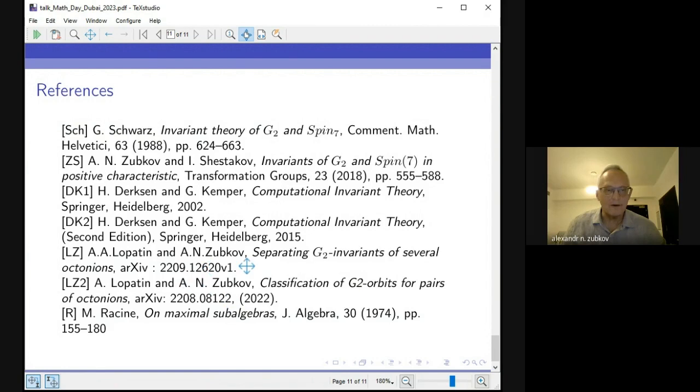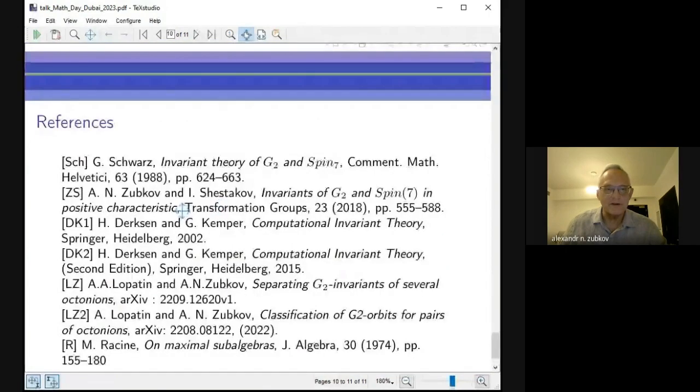And now there is a chance that this article about separating G2 invariants of several octonions will appear in the journal Algebra and Number Theory. I hope that it will be available very soon. This is our article with Shestakov.